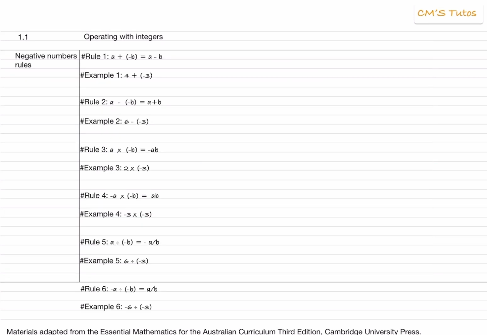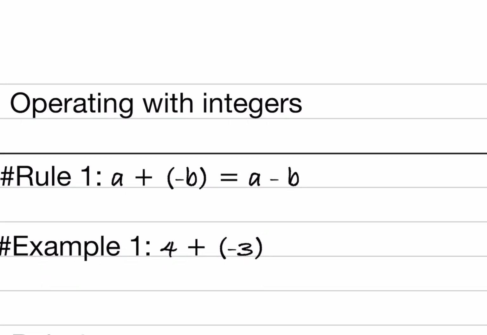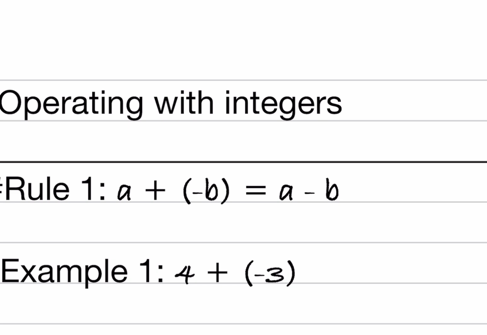We're now going to look at the negative number rules. Let's have a look at the first rule. A plus minus B, we will get A minus B. The simple rule here is, when we look at the little plus sign and the minus sign, if we multiply these two, we will get a minus.